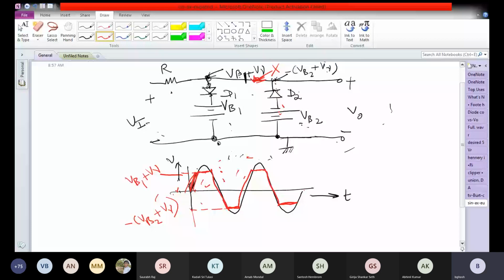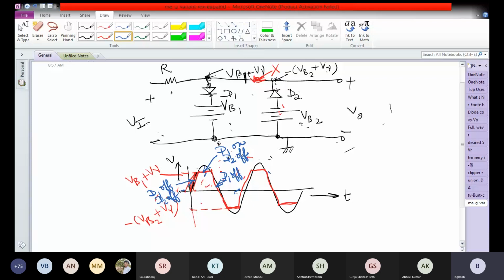So in this region, D1 is off, D2 is also off. In this region, D1 is on, D2 is off. In this region, again both are off.